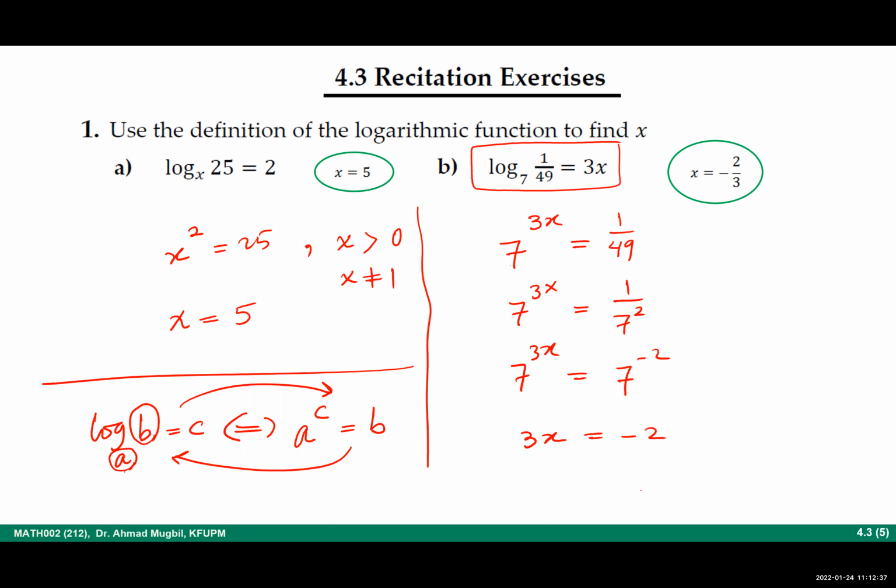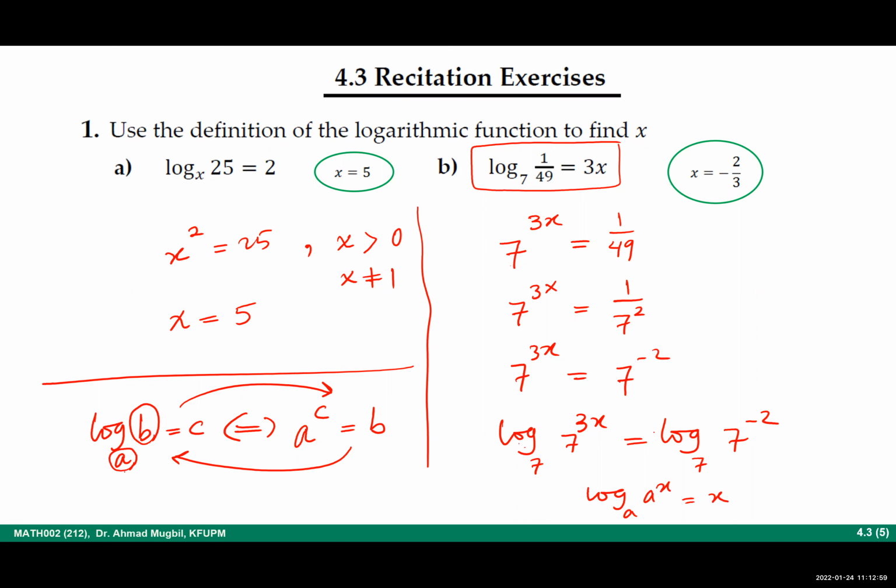Indeed, you can think about it in a different way. You can just take log 7 of both sides. Look what will happen if you take log 7 of both sides. You know that these are now inverses of each other. You know that log a of a to the power x equals x.